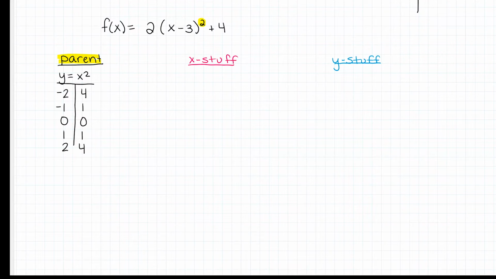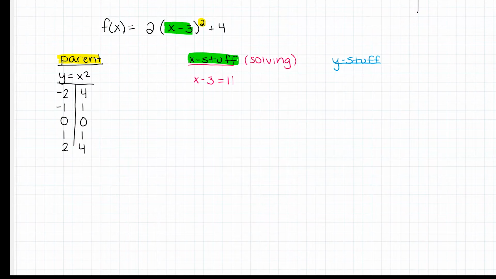So now the second thing we're going to think about is the x stuff. So remember, the x stuff is what your parent function is applied to. So here our parent function is applied to x minus 3. So that squared is touching the entire thing, x minus 3. So our x stuff, x minus 3. Remember, this goes in solving order.